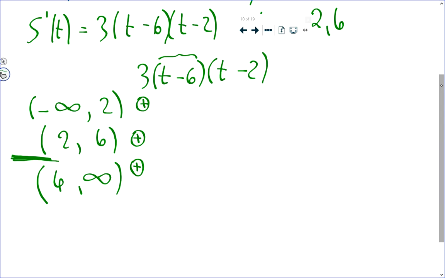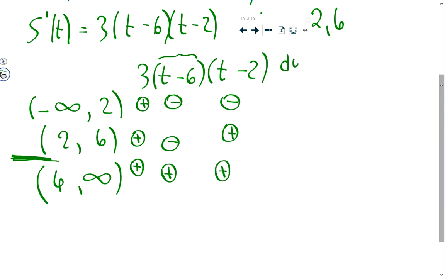So when we go from the 2, 6 interval to the 6, infinity interval, the t minus 6 changes. It's going to go from negative to positive. That's where it switches. There's a little bit of a trick to that. The t minus 2 will be negative, and then it switches immediately to positive.